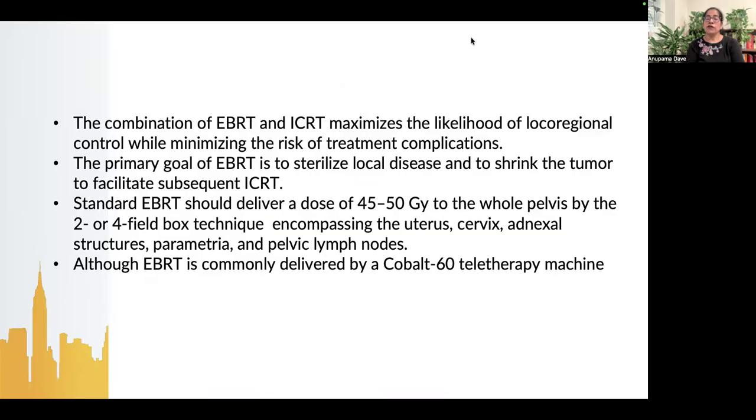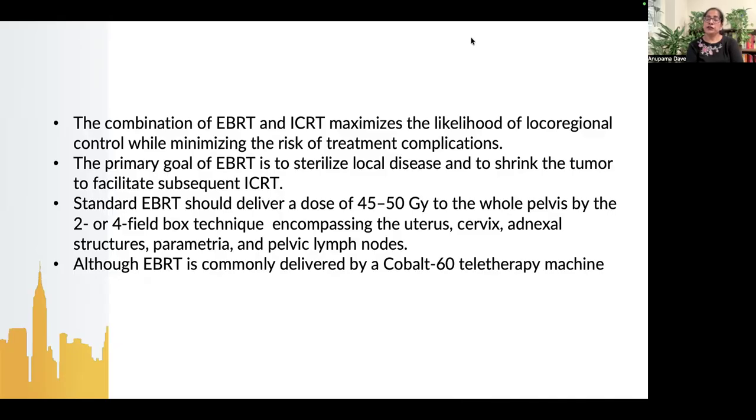The combination of external beam radiotherapy and intracavitary radiotherapy maximizes the likelihood of locoregional control and minimizes the risk of treatment complications. The primary purpose of external beam radiotherapy is to sterilize local disease and shrink the tumor to facilitate subsequent intracavitary radiotherapy.